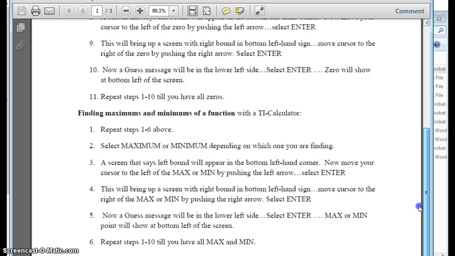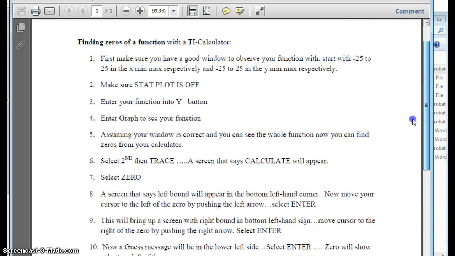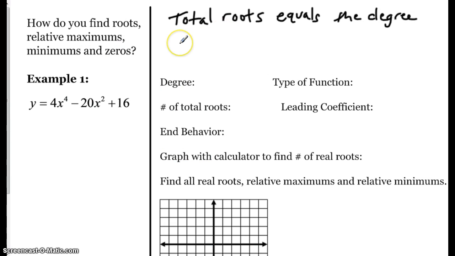So when you're watching me do these steps, you do not need to write all the steps down. You have that there to reference as you're practicing in class and in the notes tonight. Okay, so we're just back on the notes now.